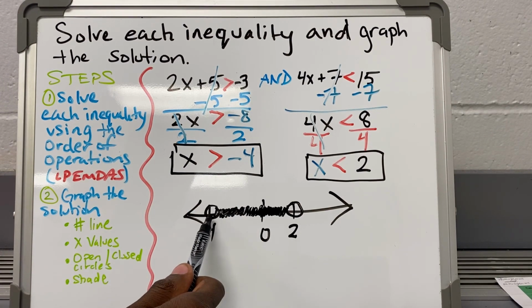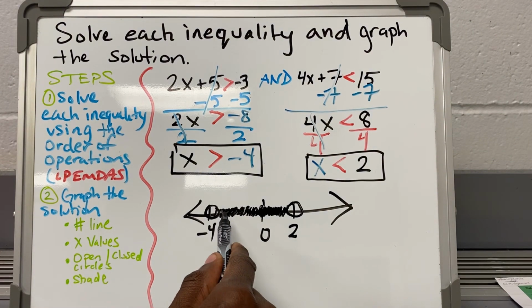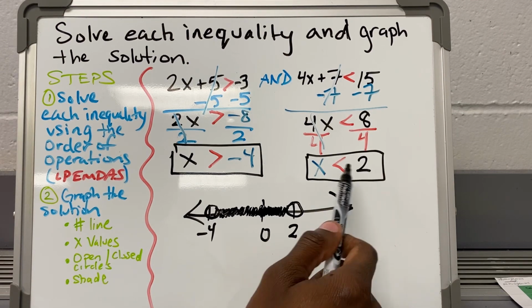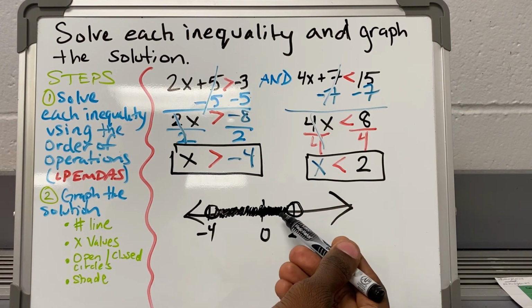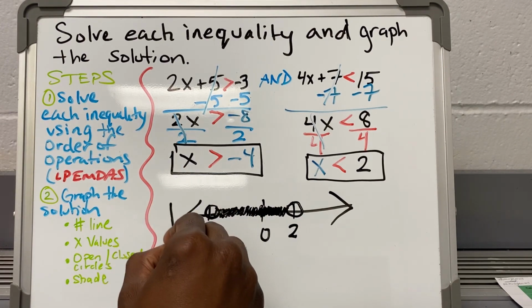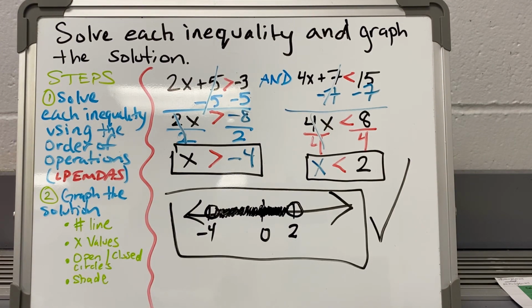Look at -4 right here. Everything that's shaded is x. X is greater than -4. Okay. X is less than 2. Going to the left. And it's all shaded in. You got your open circles. This 2 is part of your final answer.